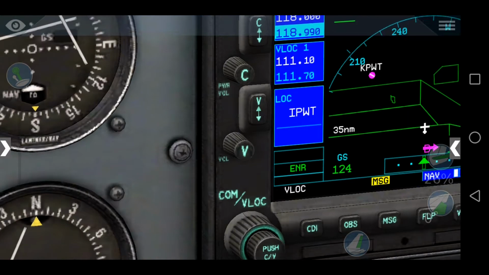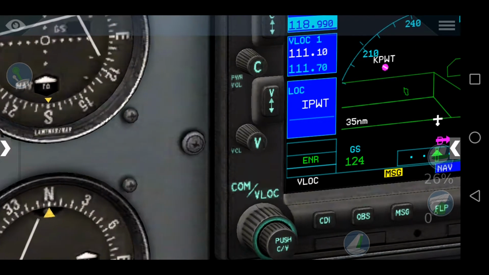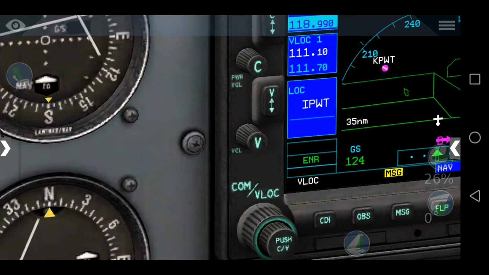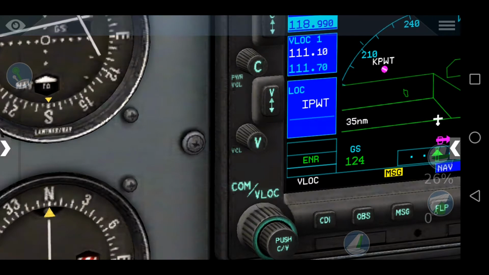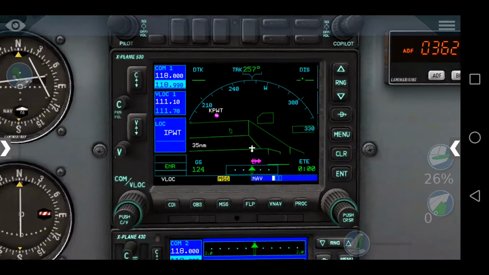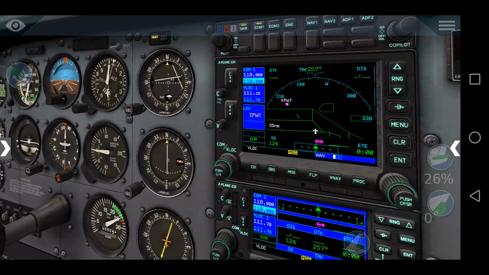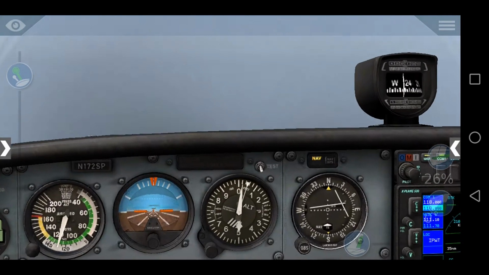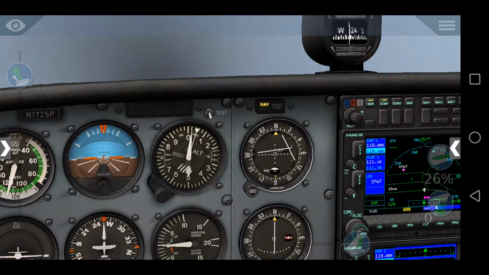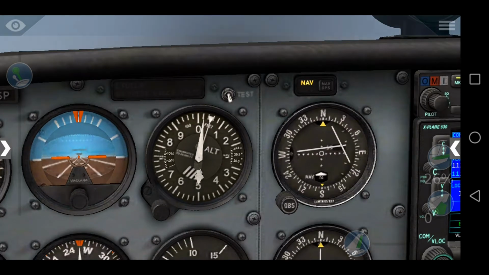You can see that on our navigation device it says lock India Papa Whiskey Tango. That means we have entered the frequency for the localizer at India Papa Whiskey Tango, which is Bremerton Airport. And now if you look at our course deviation instrument, we are almost at the same level with the glide slope.